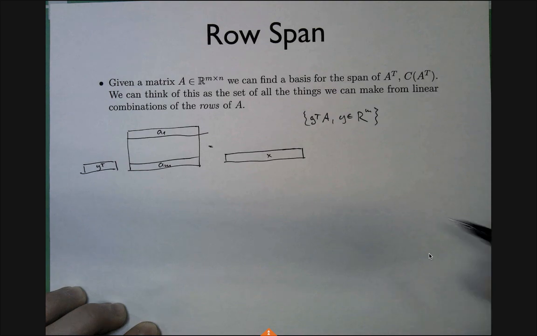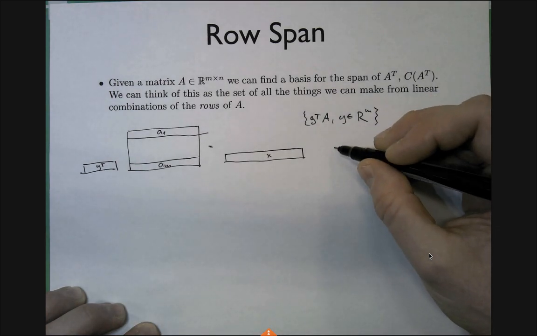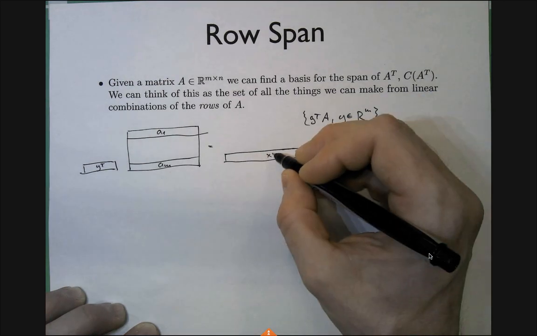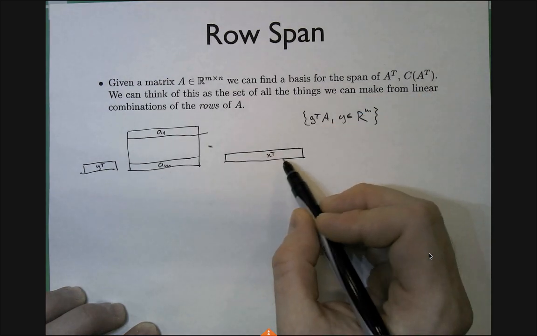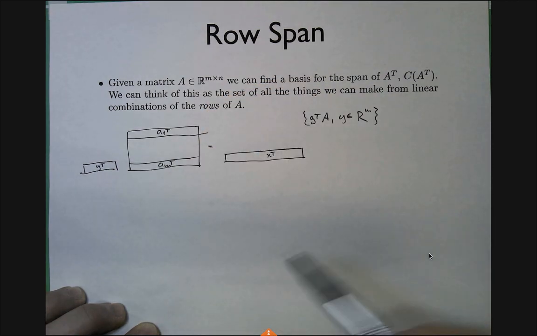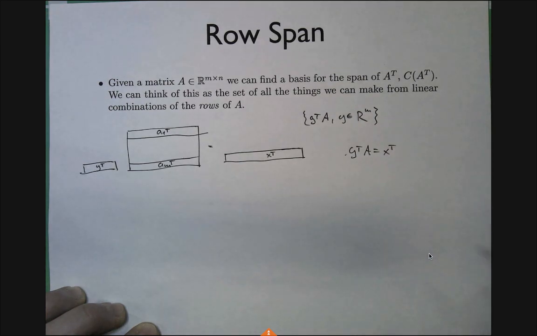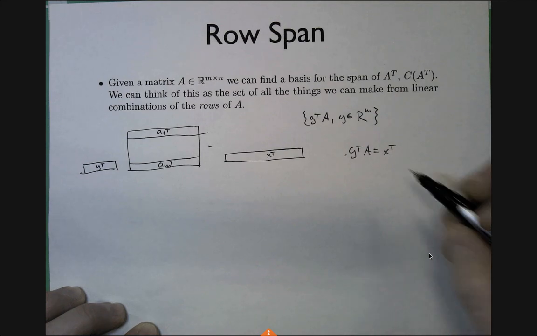Okay. I can transpose this entire thing. If I transpose it, so I guess I should write there x^T. I said it's polite to distinguish row vectors from column vectors, right? So I can say that y^T A equals x^T. I can transpose the entire equation.